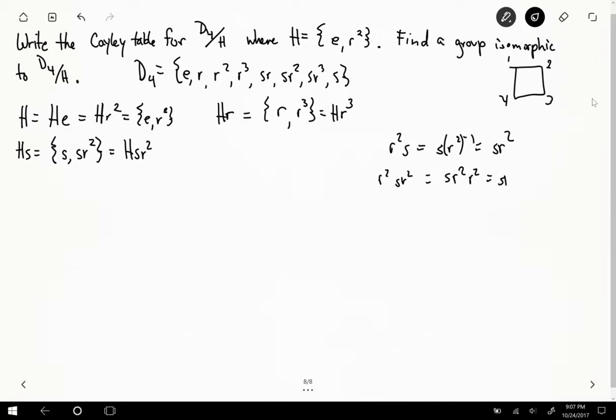Notice it's SR to the fourth, which is just the same thing as S, because it's S times the identity. So we have all those. Now what should be left for our partition, hopefully if we've done this correctly? Notice we've done S and SR squared, we've done H and HR squared, we've done HR, and so hopefully we have H SR.